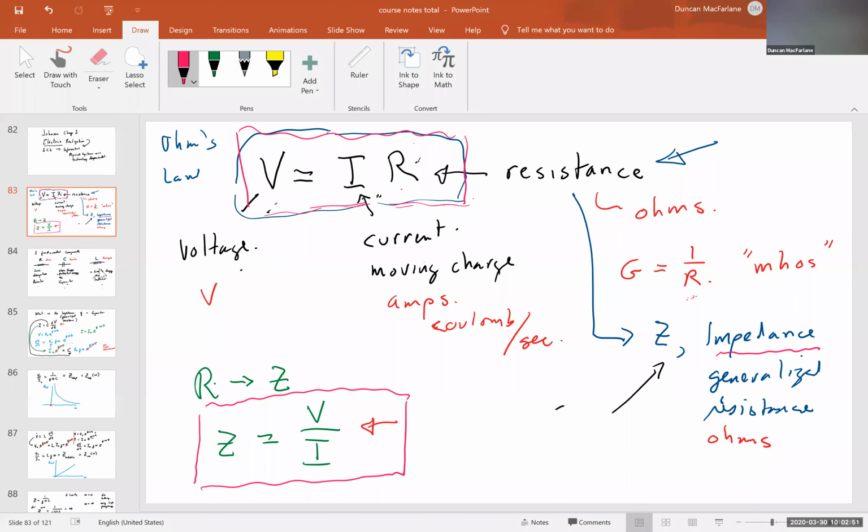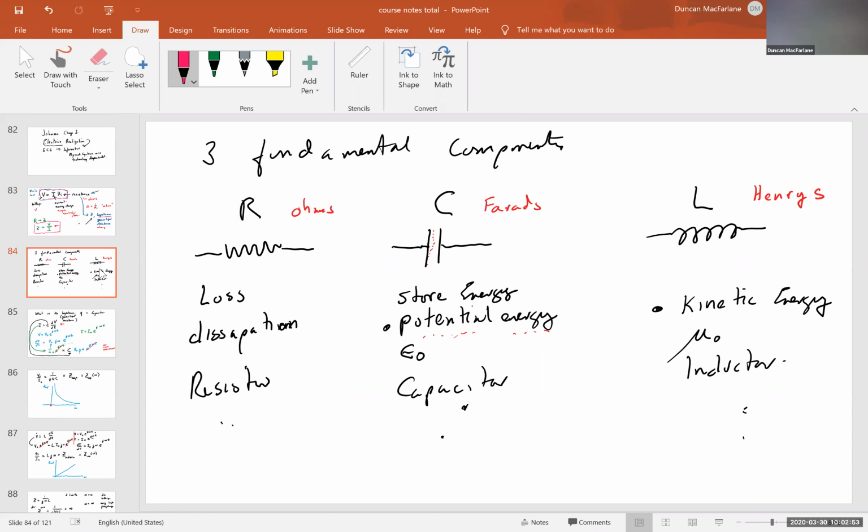So three fundamental components that we're going to consider, and these are actually effects. There's always going to be a resistor, there's always going to be a capacitor, there's always going to be an inductor floating around in our circuit.